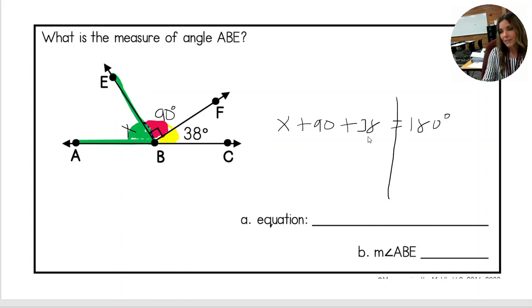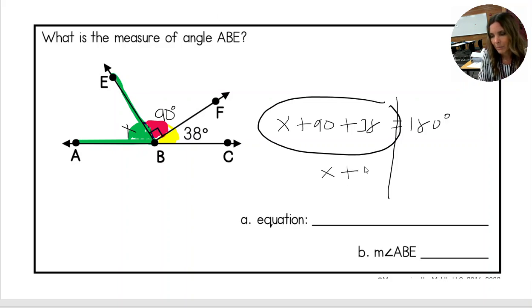Now when we're solving this equation, before we go any further, let's simplify this left side. We can actually combine that 90 and that 38. So x plus 90 plus 38 is 128, equal to 180. And then if we are solving the equation for the x, we want the x to be all by itself, right? So we need to do the opposite operation for addition, which is subtraction, right?